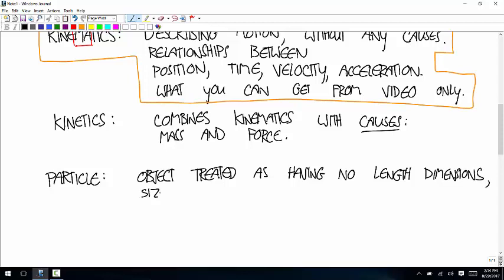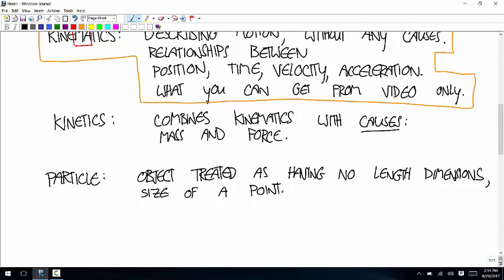So it's the size of a point. No size at all. And if something doesn't have any size, you can't make any distinctions between different parts of it. Everything's happening at the same location. So you can't make a distinction between the left and the right or the top and the bottom. It's all the same. Okay?